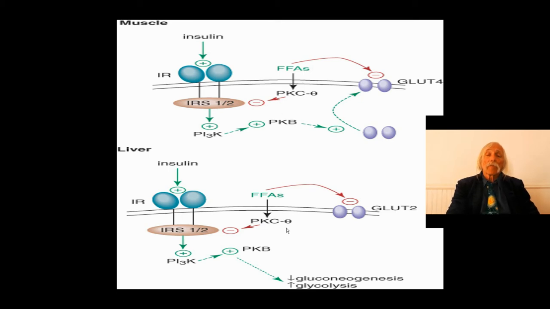Now look at the liver. The liver has GLUT2, not GLUT4, so that's not something that needs to be mobilized by insulin binding. So in the liver, you don't really have insulin-dependent glucose uptake.